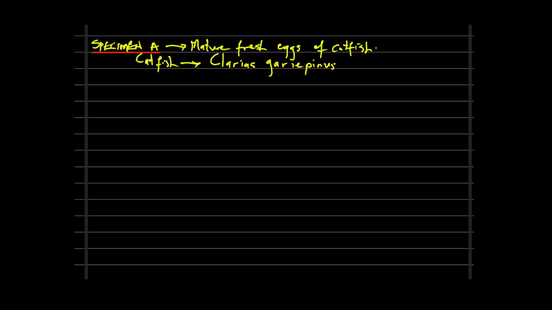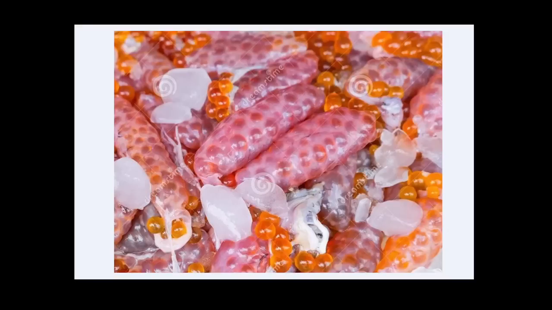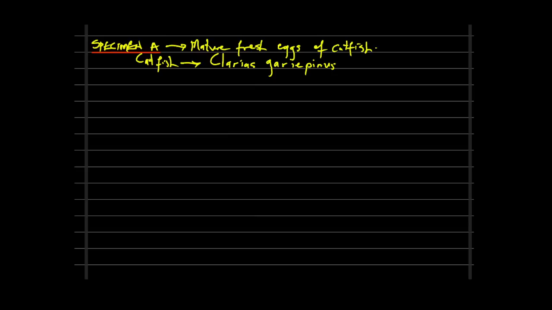Now, let me quickly show us what the egg of a catfish looks like. Looking at this particular diagram, this is what the egg of a catfish looks like. We can see the eggs inside a kind of sheet, and that sheet has all of the tiny cells in it, which look pale yellow in color. Those are the cells that make up the egg of the catfish.